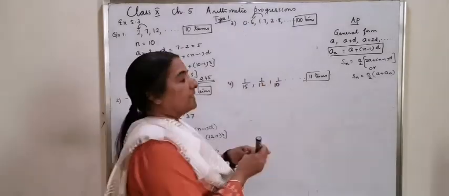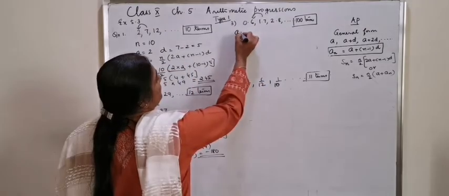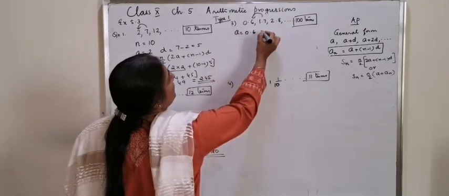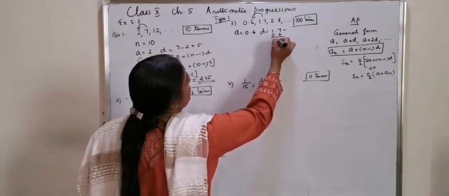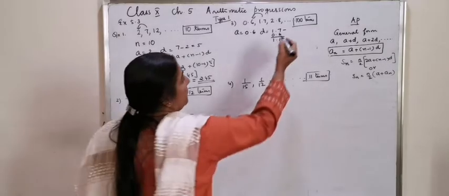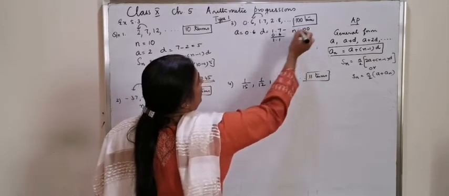Number 3, a is equal to 0.6, d is equal to 1.7 minus 0.6, which is 1.1. n is equal to 100.